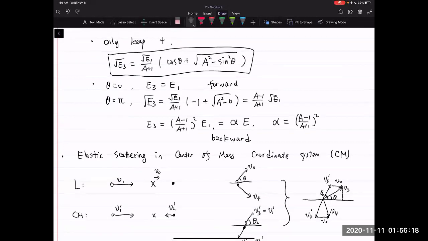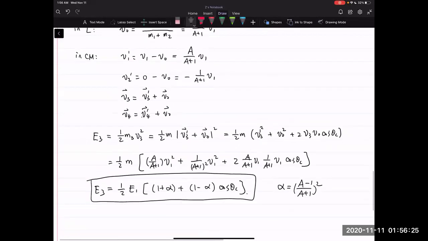When we solve the quantum mechanics, we use the center of mass coordinate, so our result is we know the distribution of theta c. So we need to write down E3 as a function of theta c. Now E3 has a very simple form. It's related to the energy and the scattering angle theta, and C means it's in the center of mass coordinate.